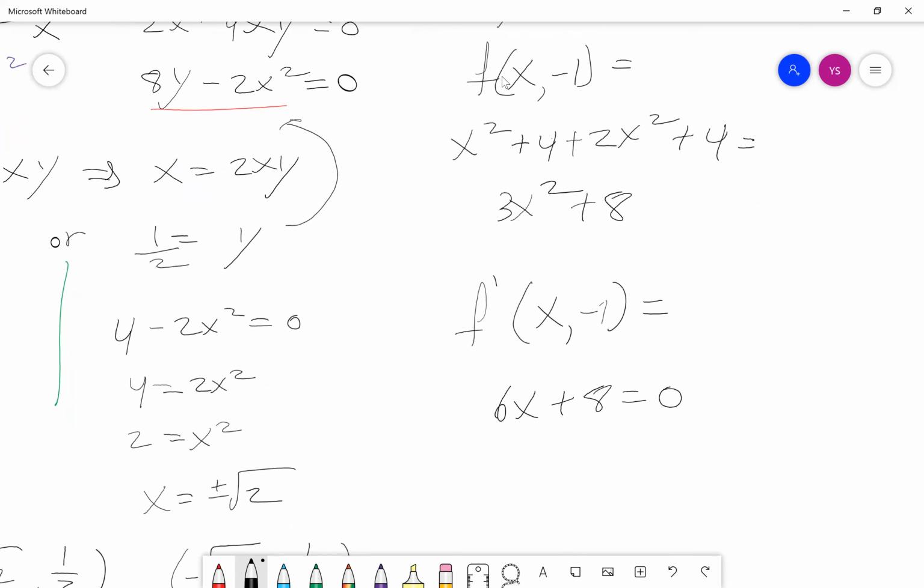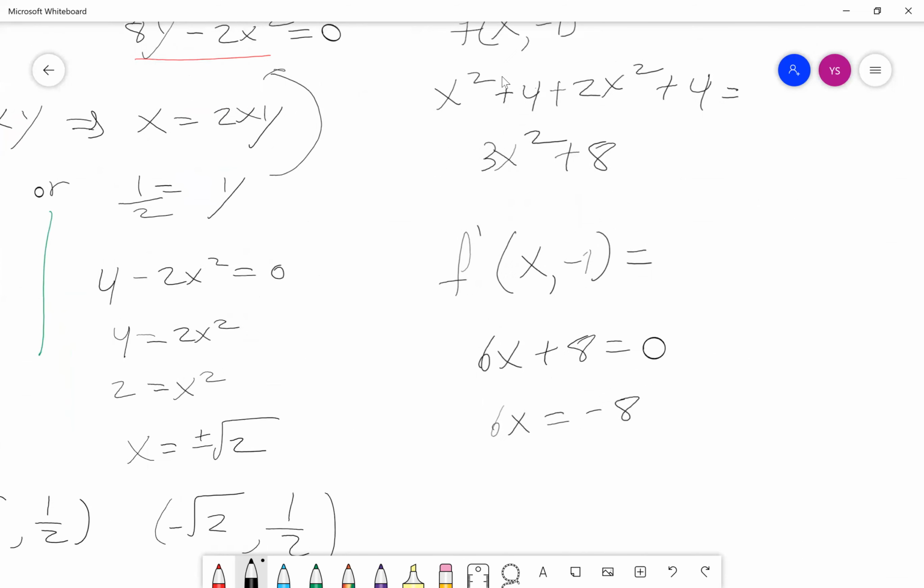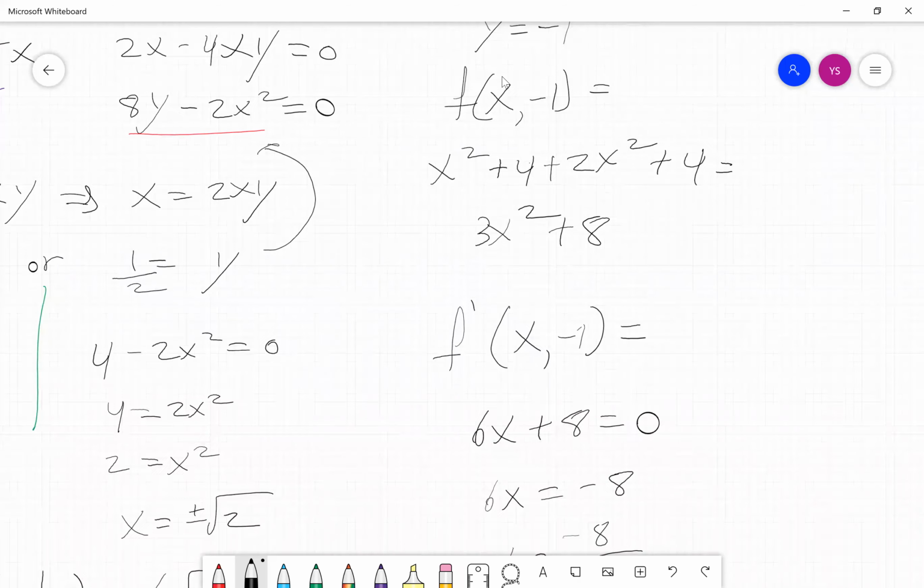And we set this equal to 0. So that tells us that 6x is equal to -8, or x is equal to -8 over 6.